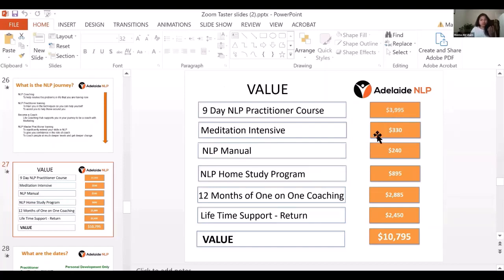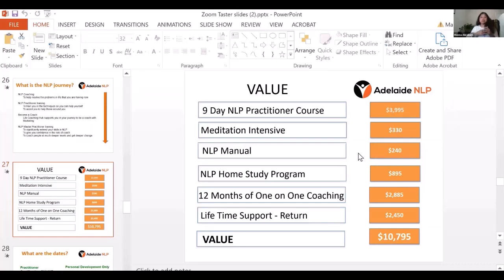So it is very meditation intensive, because mind and meditation cannot work in isolation. They both have to work together. That's why in my introduction, I said Pete comes as a holistic mind guru. The meditation intensive is about 330. Plus you get an NLP manual, which you can take away with you, which is thicker than any other NLP book that you can get from the market.